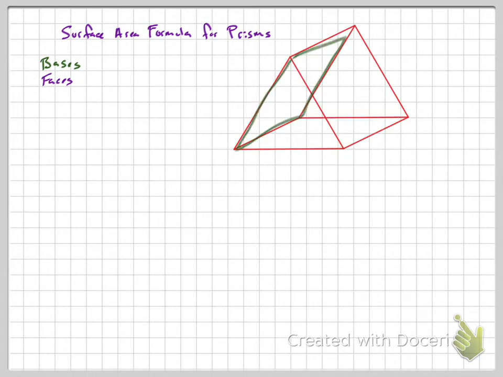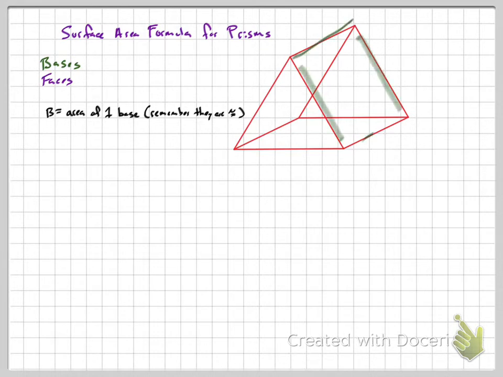Because we have 3 sides on our base, we have 3 faces, 1 for each side. I should also mention that these segments are called edges, so if I use the term edges, that's what I'm referring to.